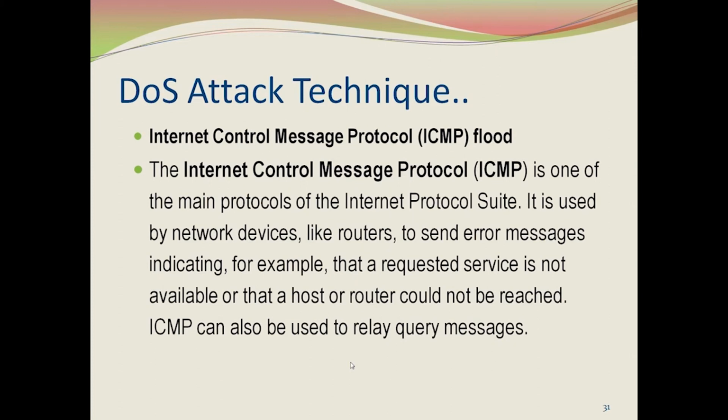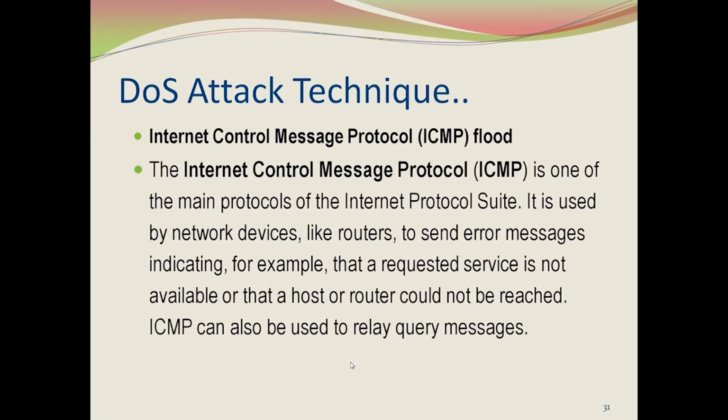And ICMP can also be used for relaying query messages. So, at least two uses of ICMP can be utilized in different ways. Firstly, that the requested service is unavailable, or a host is unreachable.